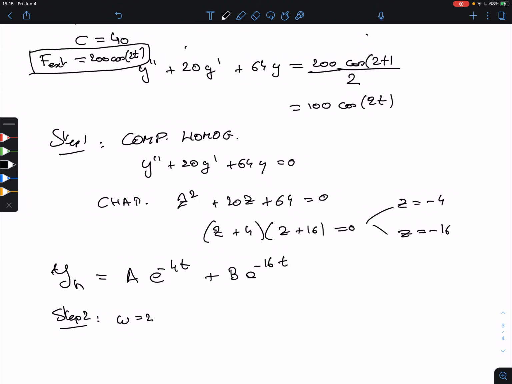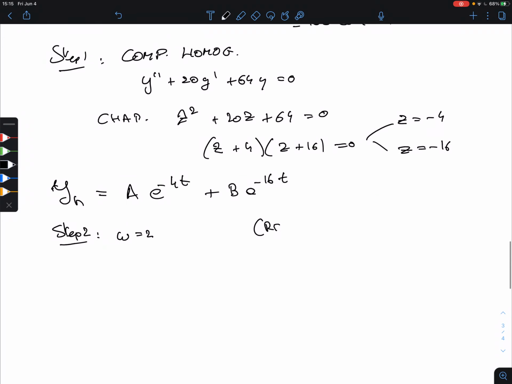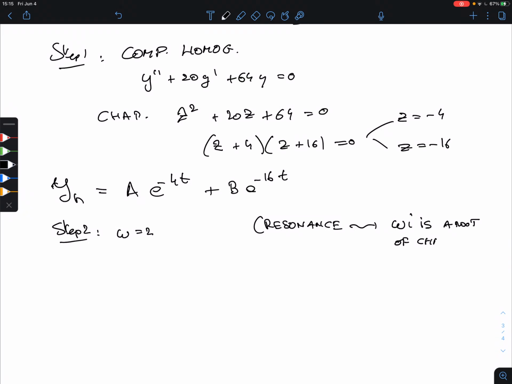Resonance means that the omega i that you have there is a root of the characteristic equation.